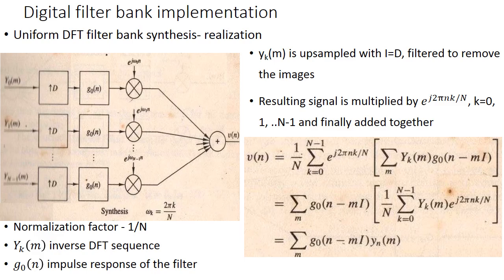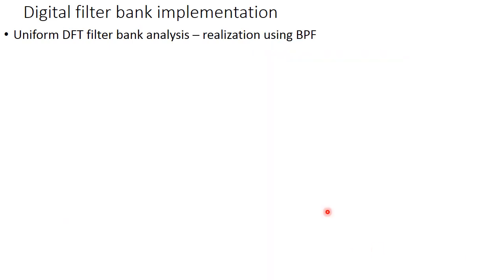So another approach is to perform both filter bank synthesis and analysis using a band pass filter. In these two, we have seen the synthesis and analysis realization using a low pass filter. Next one is the realization using a band pass filter.